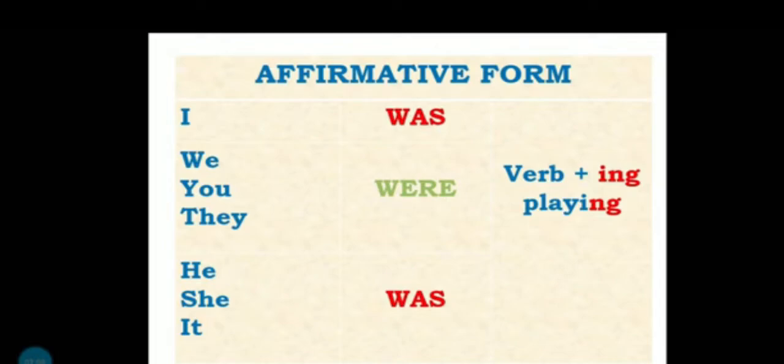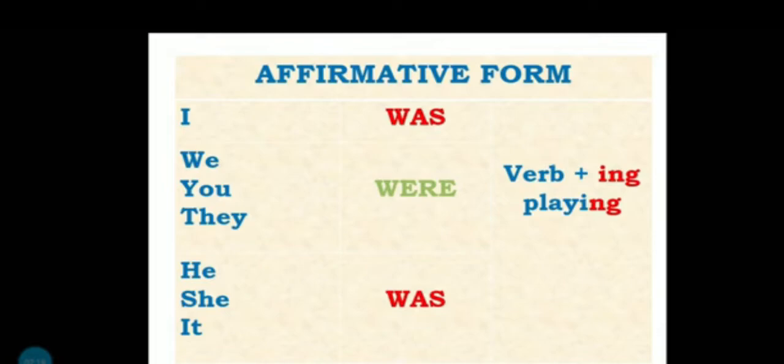For example, I was playing. We or you or they plus were plus verb plus ing. For example, we were playing. You were playing. They were playing.